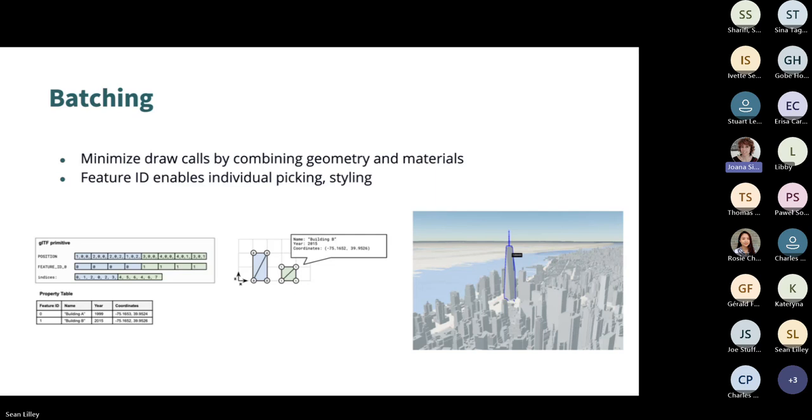Then you can use that feature ID later to either select something or to write a style that controls the color of it. But it can still be a single draw call, which is really important. So ultimately, our goal is for a single tile to have as few draw calls as possible. Ideally, one. It's not always possible if they have different materials for some of the buildings, but that's our overall goal.